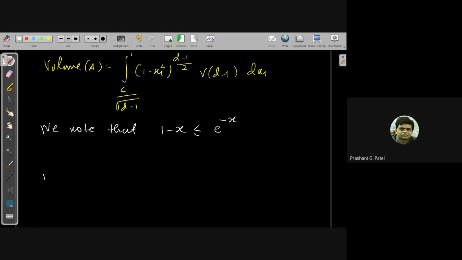So the volume of A will be less than or equal to, because instead of x in 1 minus x, we have x1 square here.